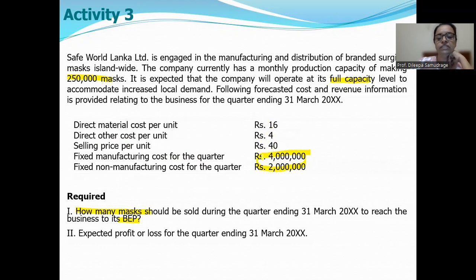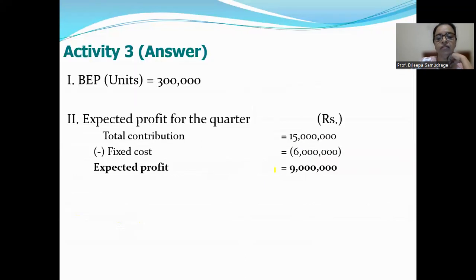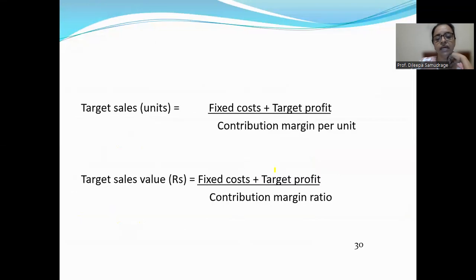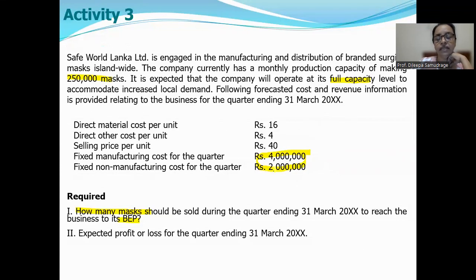So 6 million divided by 20 gives the break-even point in units. Clear? Yes, madam. So that is 300,000.